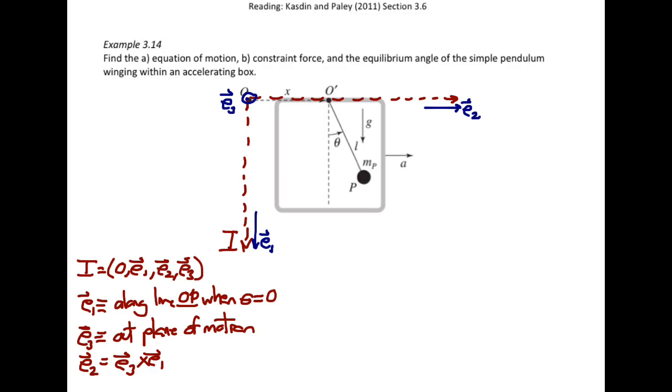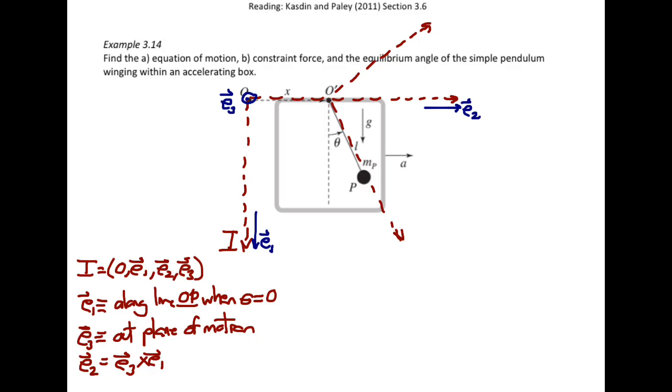Right, so then we add one more reference frame. And remember, we're adding this reference frame because there's a rotational degree of freedom, so let's add a rotational reference frame. So let's make a reference frame in which we have an axis along the pendulum and then an axis that's perpendicular to the pendulum.